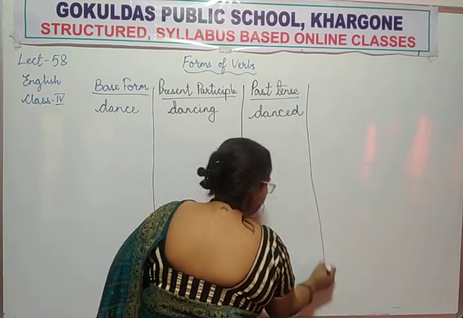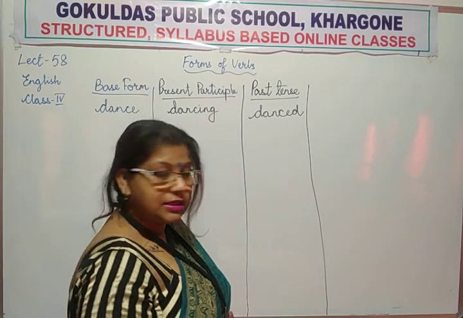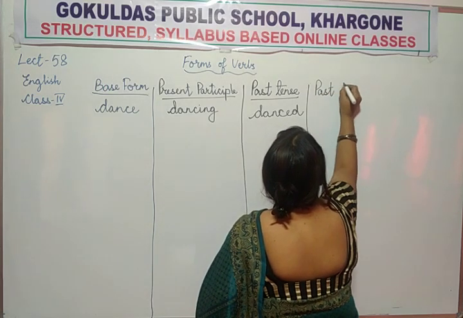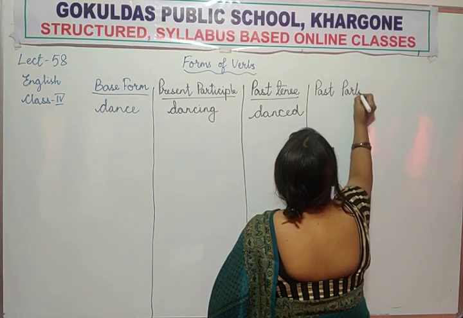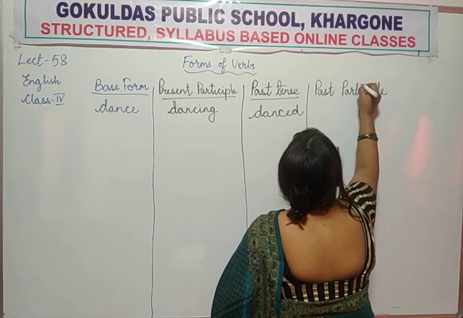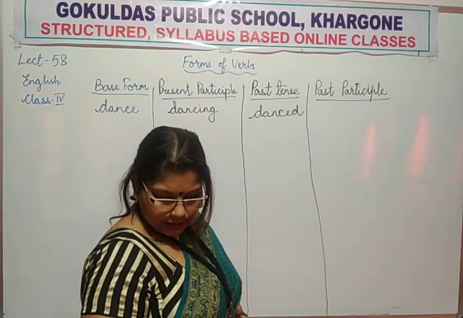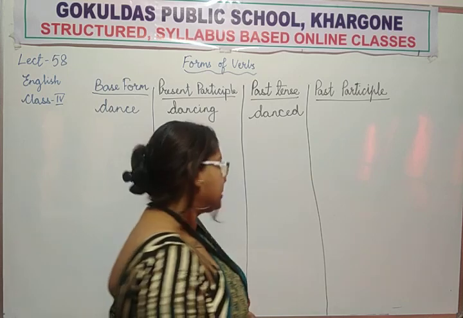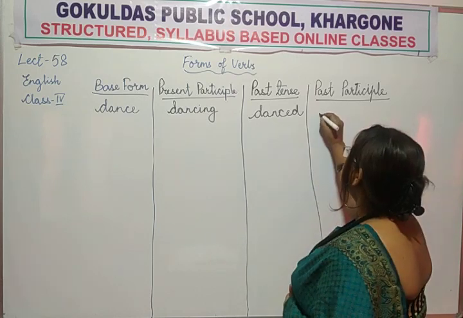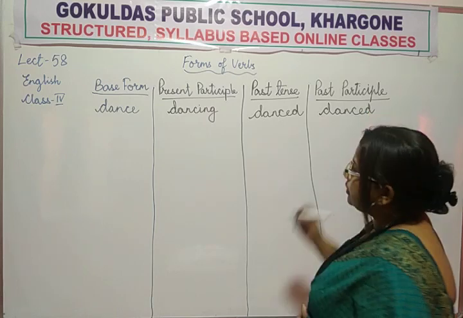Now, the last column, past participle. What is past participle? Danced. So, danced is the past tense, and even the past participle is danced. Sometimes it does not change. That you have to remember. Okay?